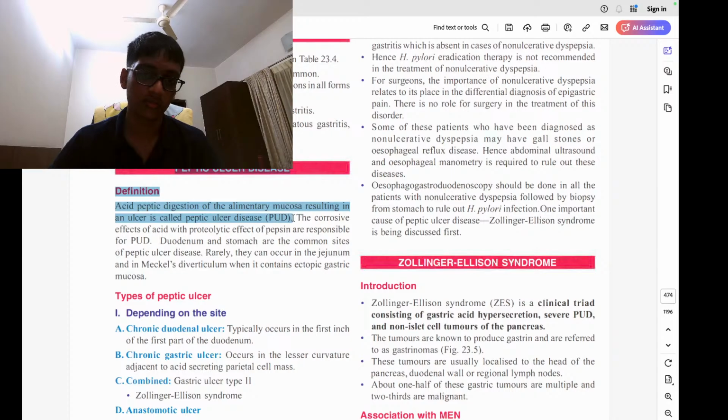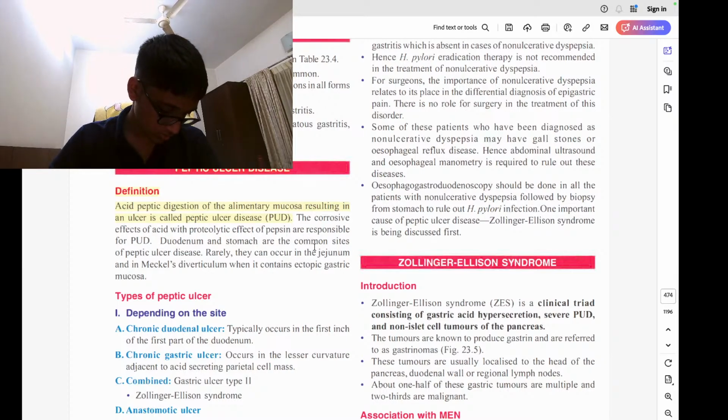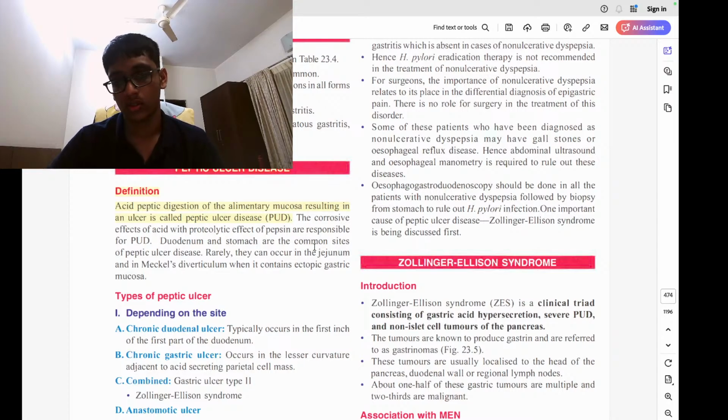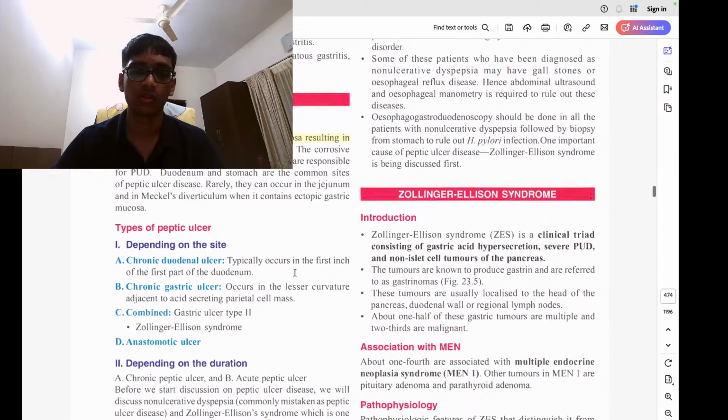The corrosive effects of acid with the proteolytic effect of pepsin are responsible for PUD. Duodenum and stomach are the common sites of PUD. They can also occur in the jejunum, Meckel's diverticulum, and ectopic gastric acid mucosa.